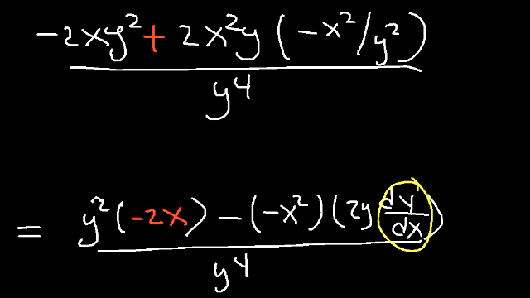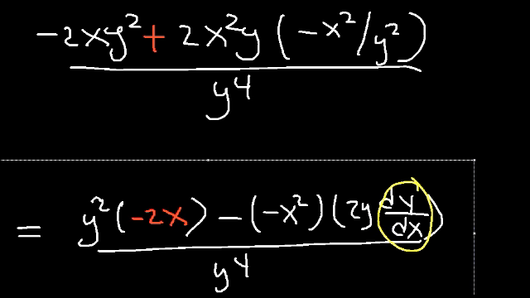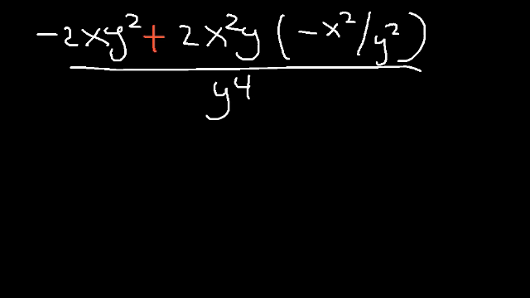So now let's simplify the expression that we have. We can cancel a y variable. So on top we have negative 2x y squared plus, or minus, since we have the negative sign here.